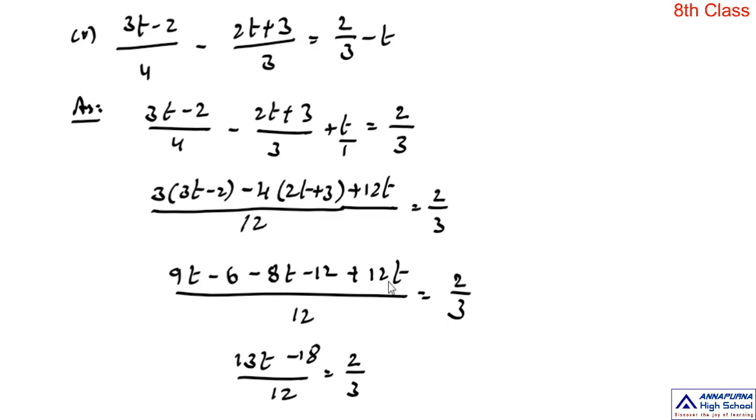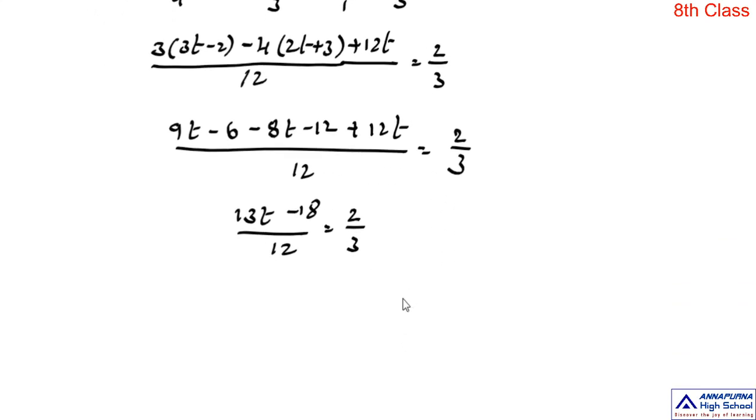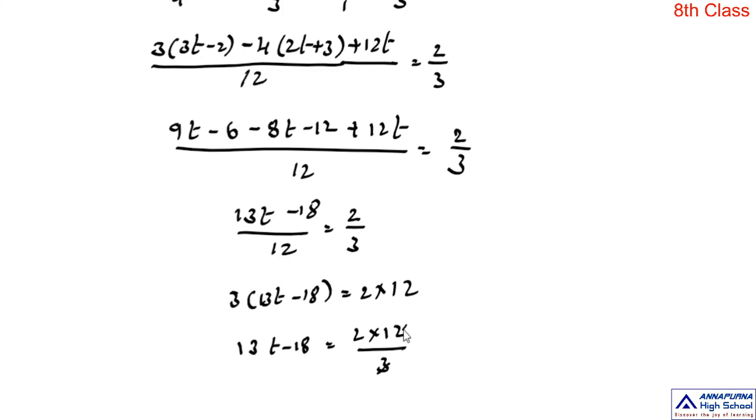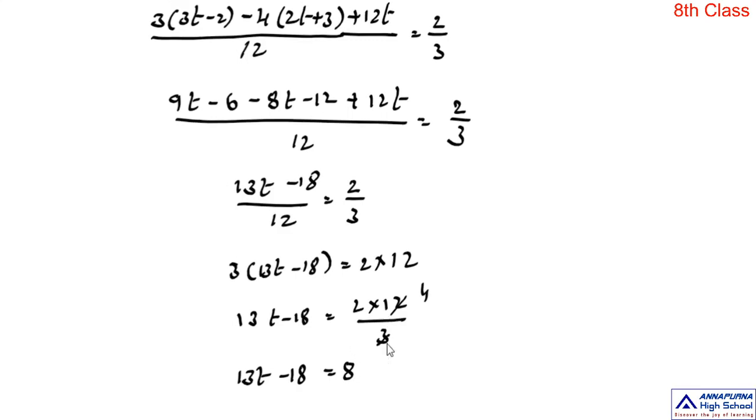So as usual, cross multiplication. Multiply this numerator by this denominator. 3 into 13t minus 18 is equal to 2 into 12. When you transpose this 3 to the right side, 13t minus 18 is equal to 2 into 12 by 3, that is 4 times 2. So 13t minus 18 is equal to 8.